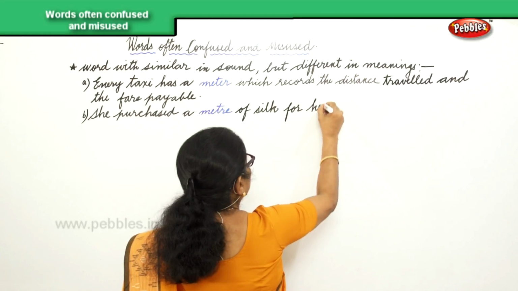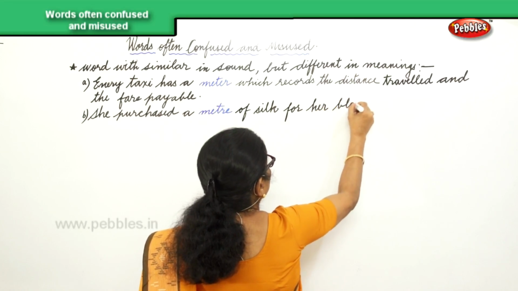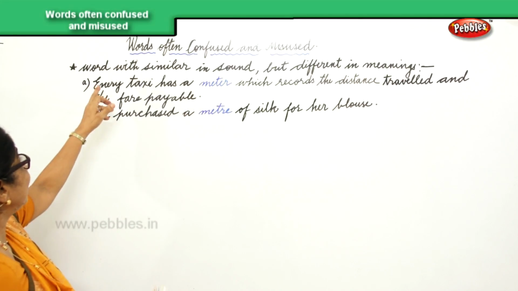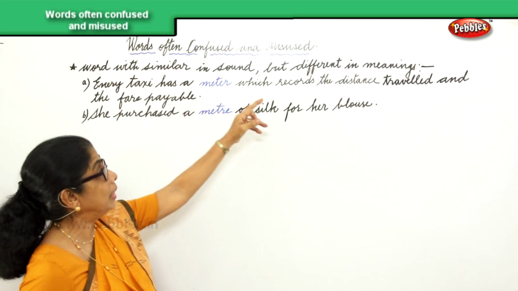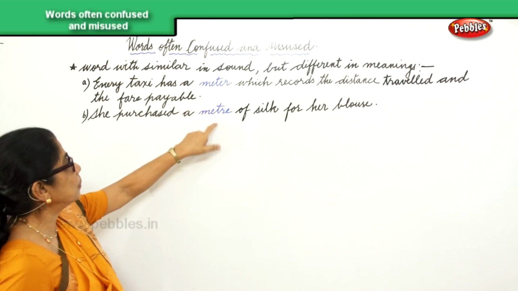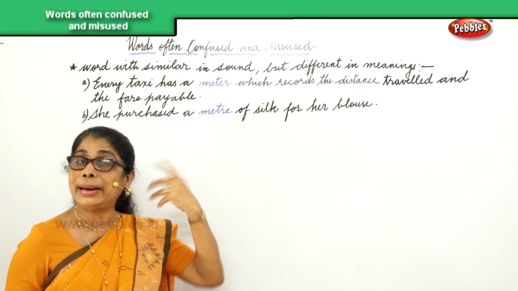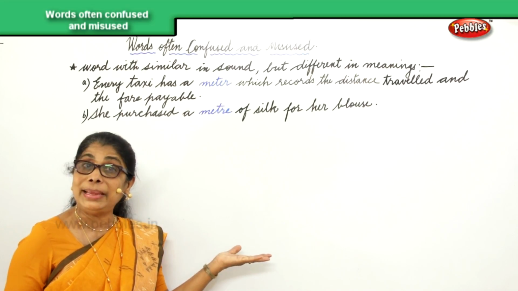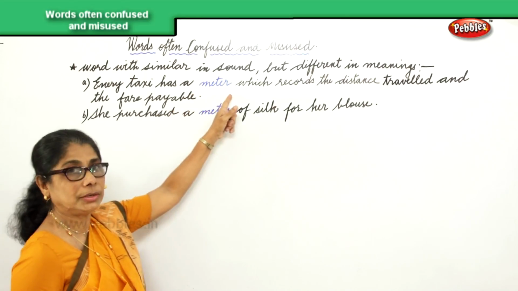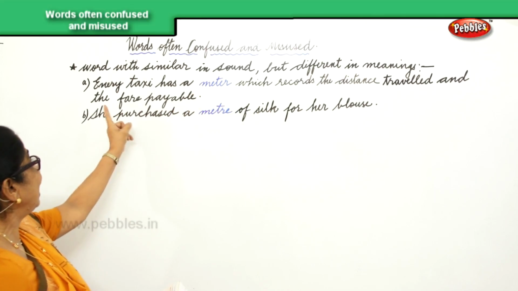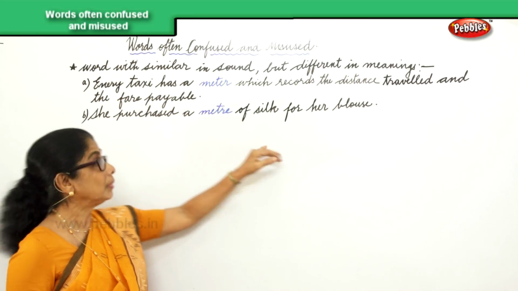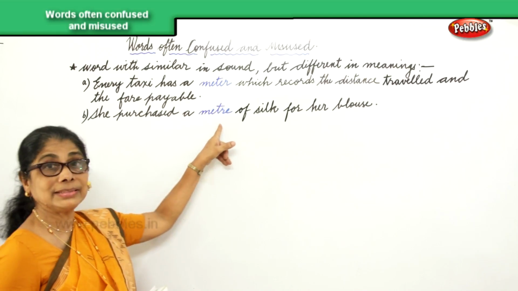I said we are looking at confused, misused words, words with similar sound but different meaning. What do you call that? Homophones. They sound the same, but have totally different meanings. One is E-R and the next one is R-E.